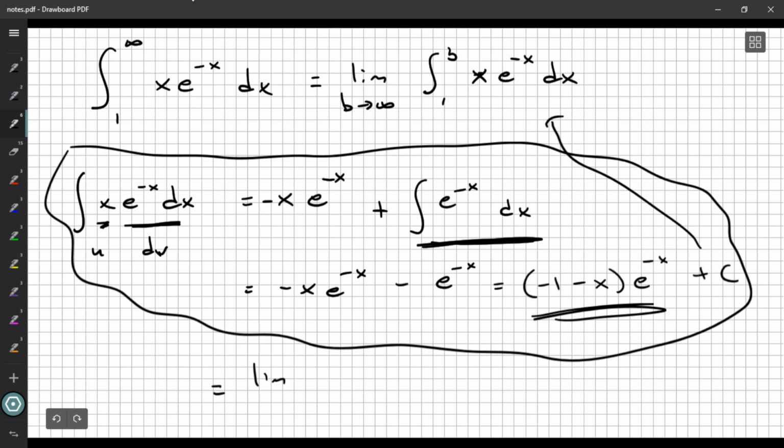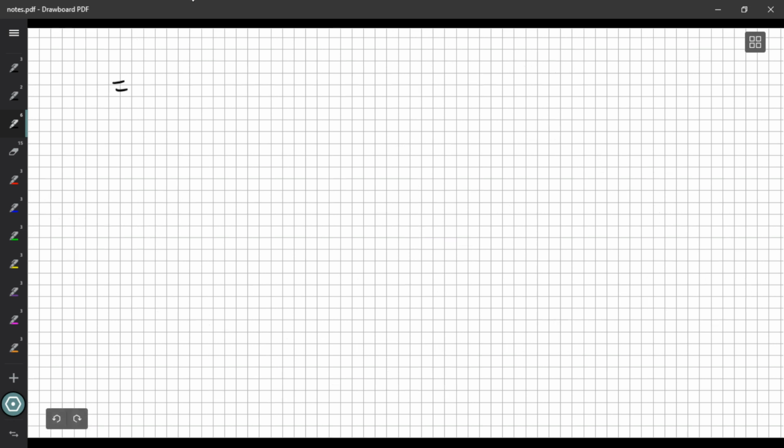So now our limit becomes evaluating minus 1 minus x times e to the minus x from 1 to b. So we'll get minus 1 minus b over e to the b. I'm choosing to write it this way so I can use L'Hopital's rule in a moment.